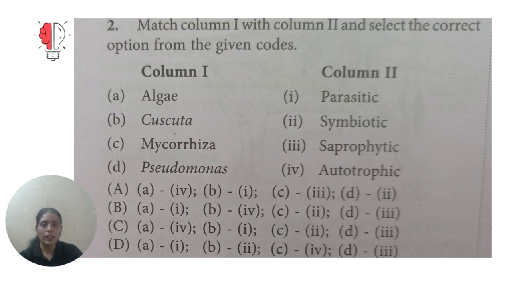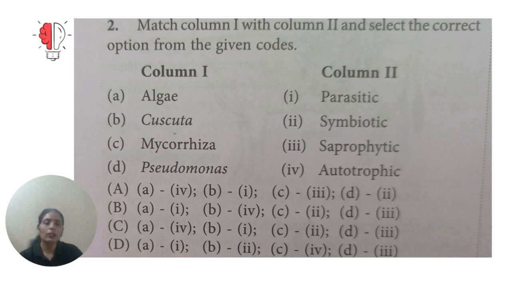This first question says match column 1 with column 2 and select the correct option from the given code. For this, column 1 is saying alga, cuscuta, mycorrhizae and pseudomonas. Column 2 says parasitic, symbiotic, saprophytic and autotrophic. So alga is autotrophic. We know that green plants and the alga do photosynthesis. They are autotrophic. Cuscuta is total parasitic. It lives on the host body.